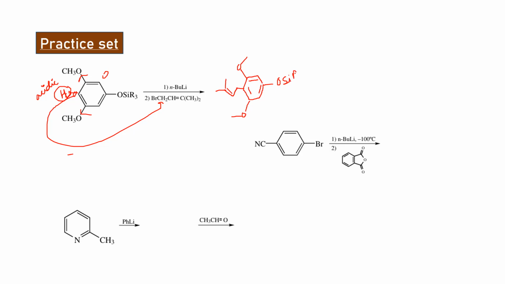When we add butyl lithium to this type of bromo halide, what will happen? This will attack this bromine and will generate this type of species, because we know that an alkyl bromide organolithium complex can be generated by using this halogen exchange.